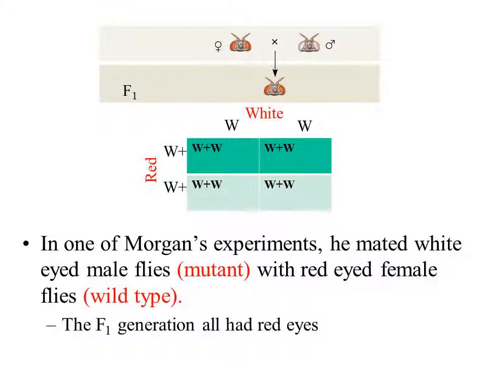The subsequent cross led to all offspring having red eyes. So I drew out the cross to resemble what Mendel did. By using W's, we have the wild type with the pluses and the mutant without the pluses. Every offspring in this Punnett square would be heterozygotes.